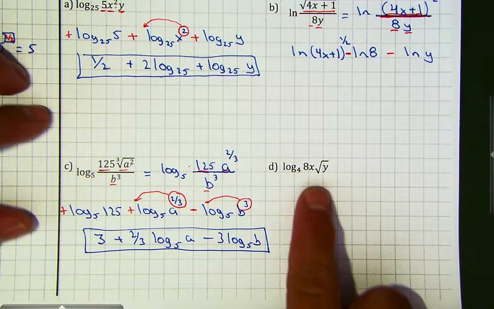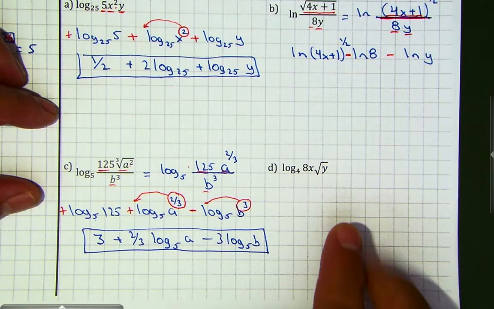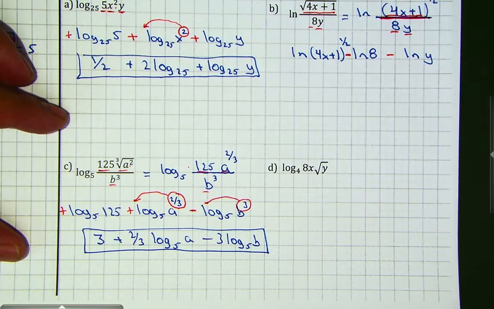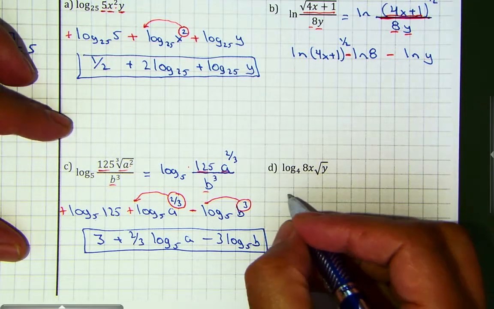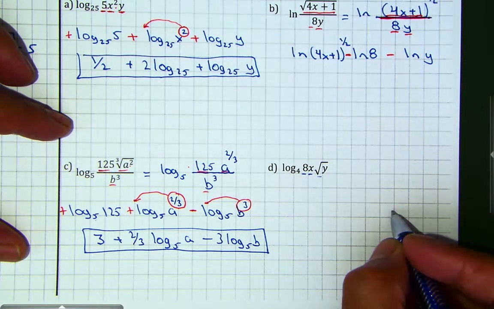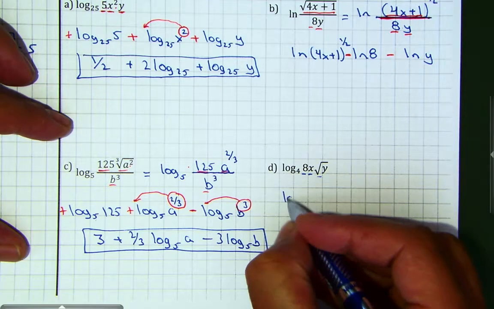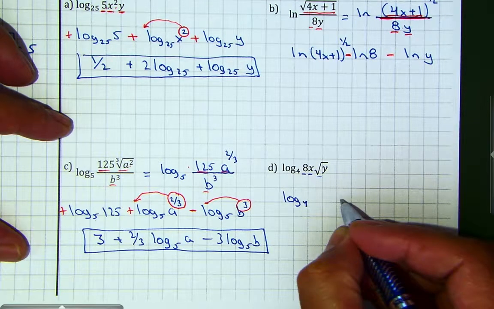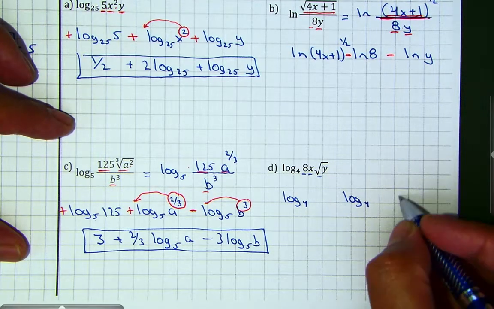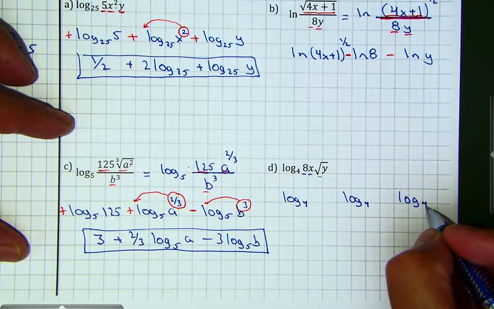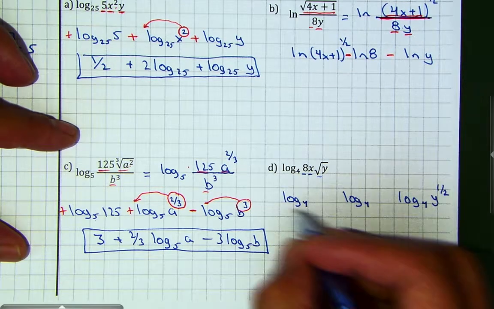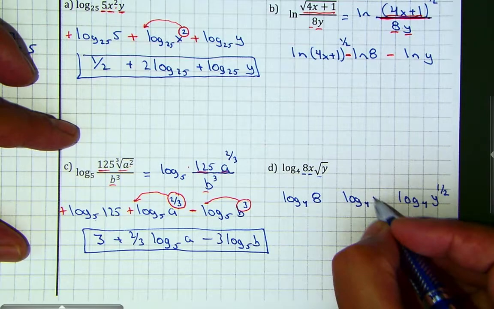And letter D. So if you haven't done it, go and pause it and try letter D. Otherwise, we can work it out together. So let's see. We have 1, 2, 3 logs. And I'm going to change this as I rewrite it. So it'll be the log base 4 for the 8, log base 4 for the x, and the log base 4 for the y to the 1/2. 8 and x, correct?